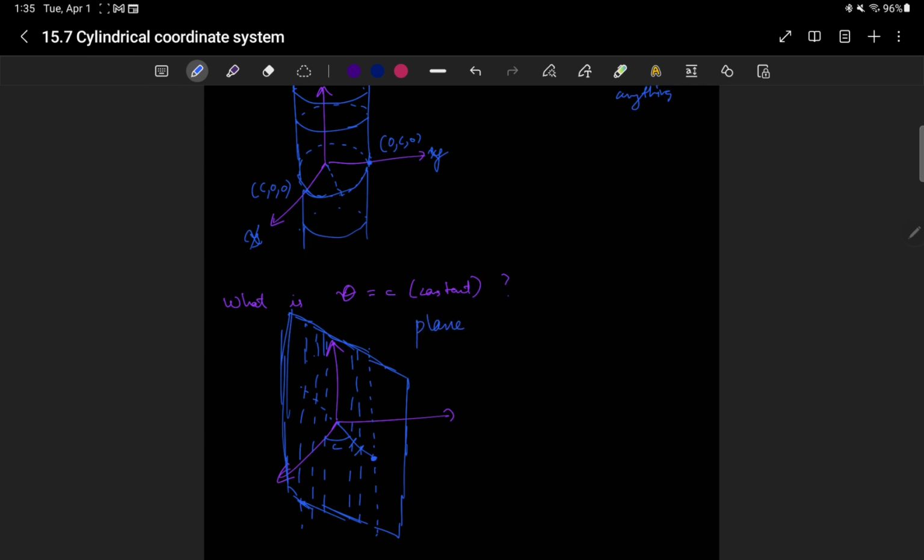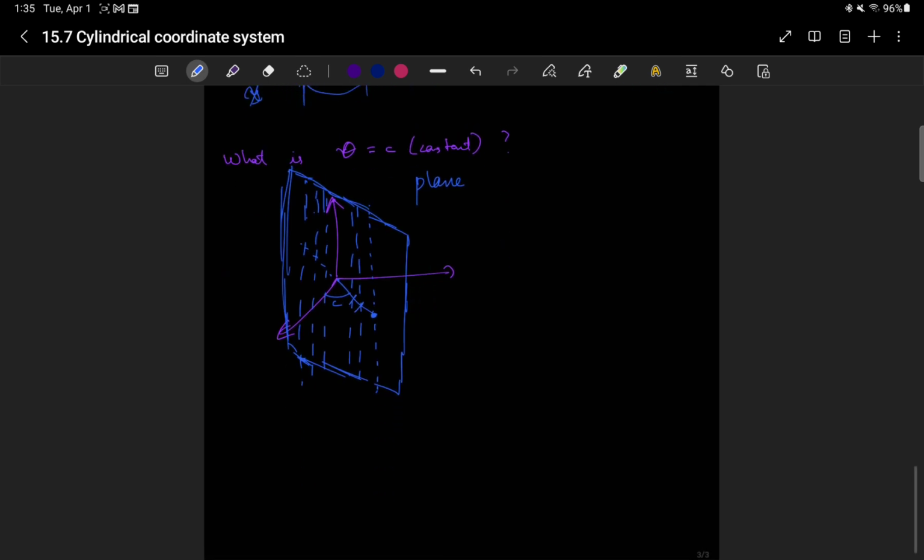So when you keep theta constant, you get a plane that goes through the origin and is at an angle of c, or whatever the constant is. And the last one is simple. What is z equals c?